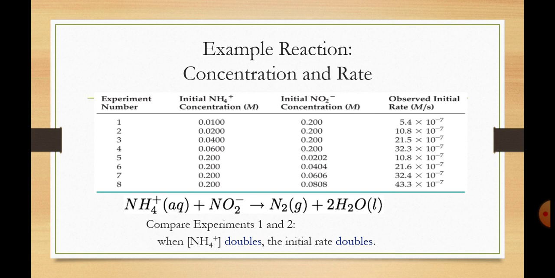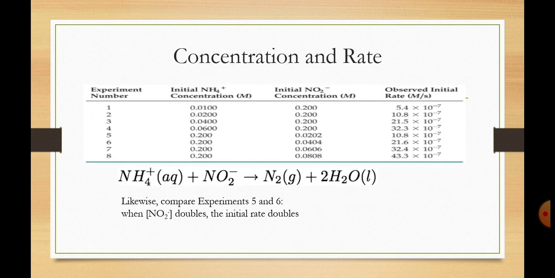If we check the rates of reaction, it increases with the increasing concentration of NH4. We proceed with the same method in experiments 3 and 4. Comparing experiments 1 and 2 tells us that when NH4 doubles, the initial rate also doubles because they are directly proportional to each other.